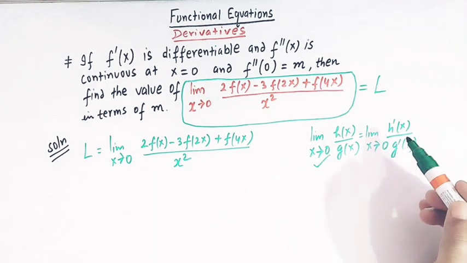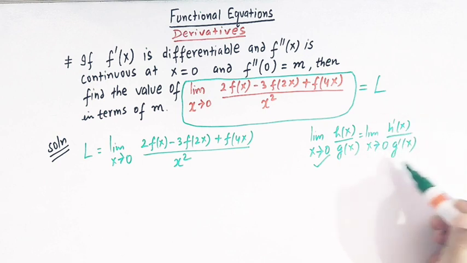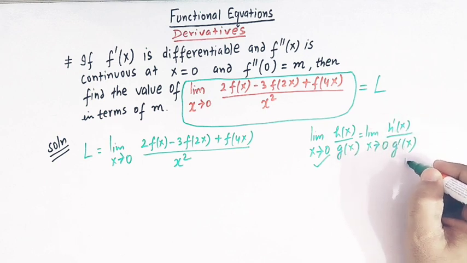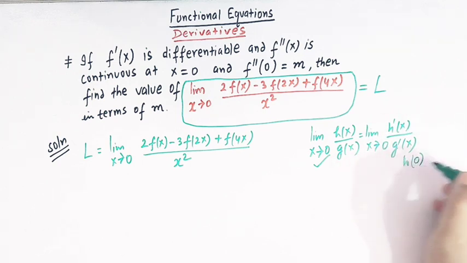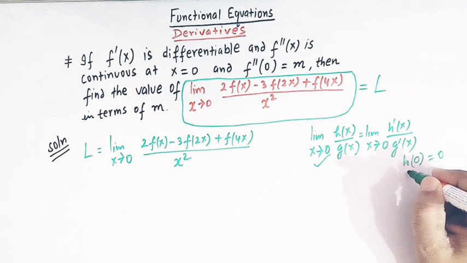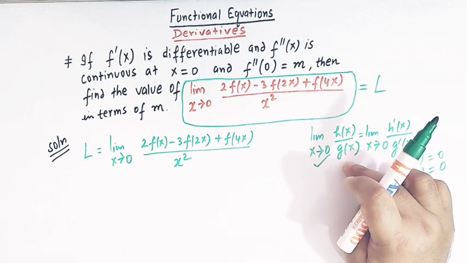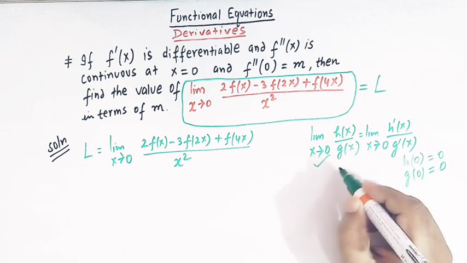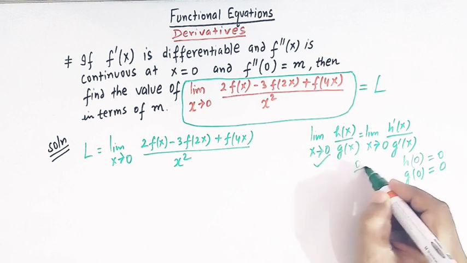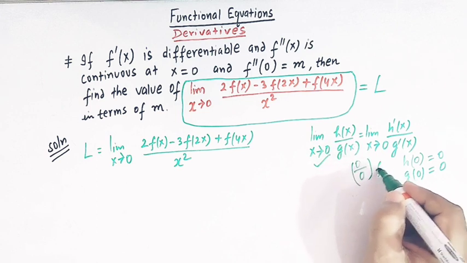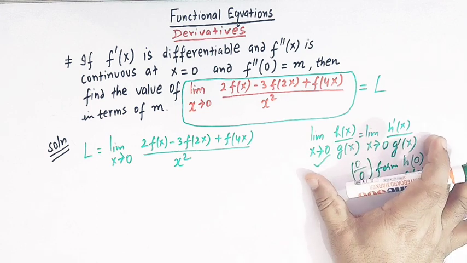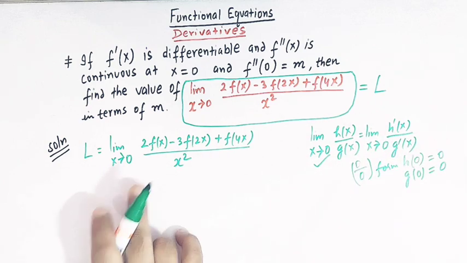So this limit is equal to this limit, provided that h(0) is equal to 0 and g(0) is also equal to 0, right? So for applying the L'Hopital's rule, we must have the quotient in 0 by 0 form, right? So we'll apply this rule to this limit.